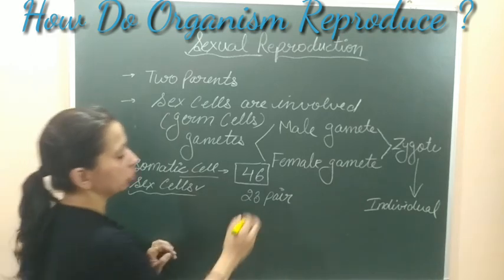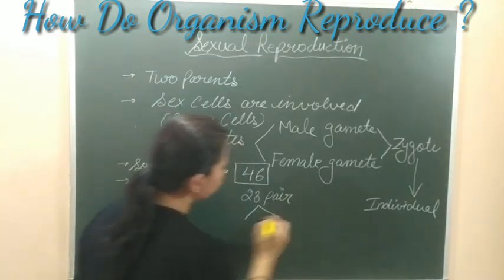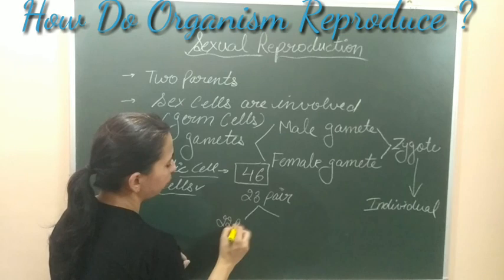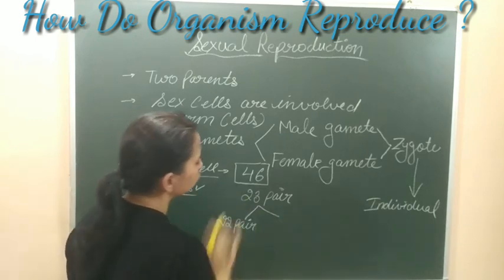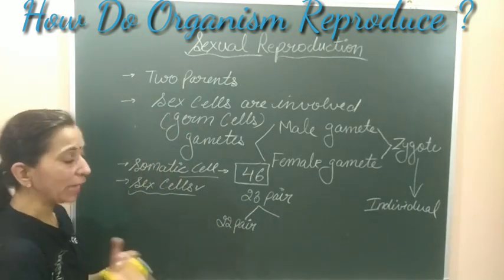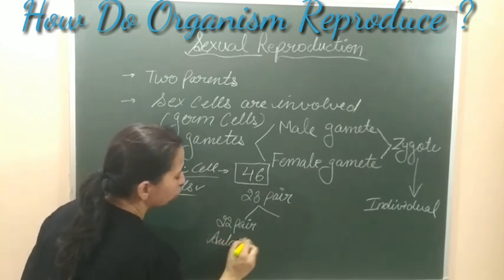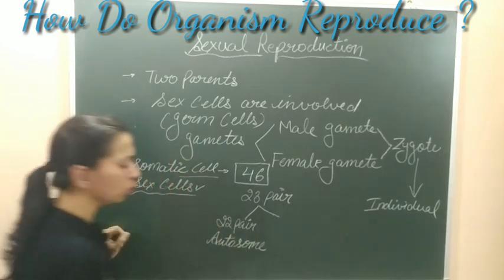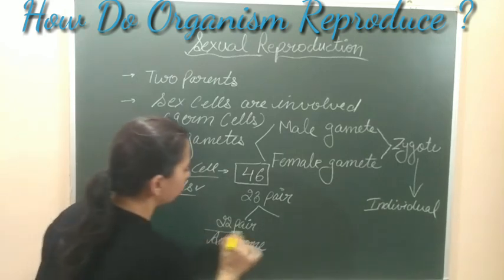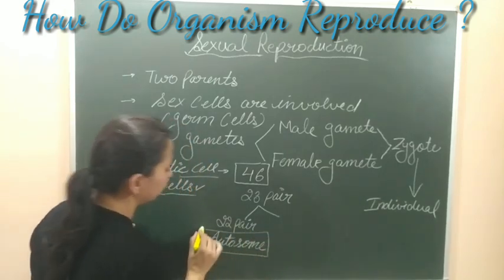Out of these 23 pairs, the 22 pairs of chromosomes are known as autosomes, which control all the normal functioning and normal characteristic features of an individual.